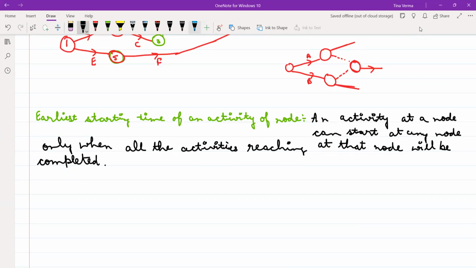Sometimes the short form is written as ES or sometimes as EST, that is, the earliest starting time.